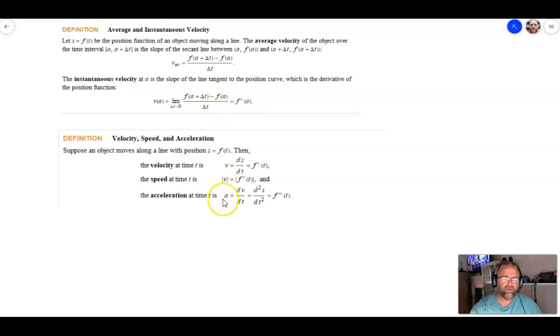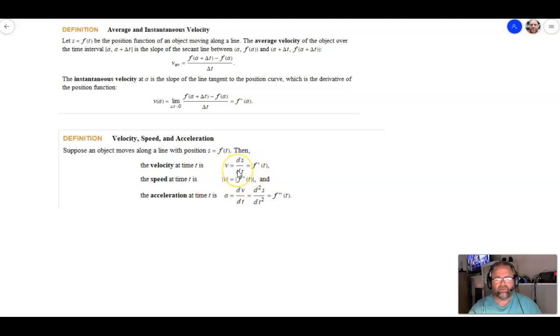So when we're talking about velocity and acceleration, we can use these new formulas that we have and really just calculate these. Velocity and speed are really the same thing, except velocity has a direction, whereas speed does not. So the sign of our velocity will tell us which direction we're going. Generally we'll assign one direction as positive and one as negative.